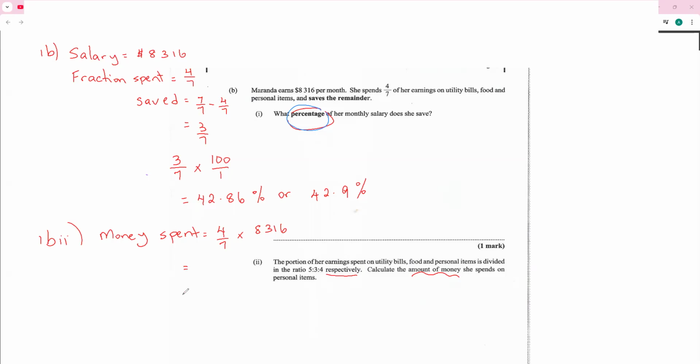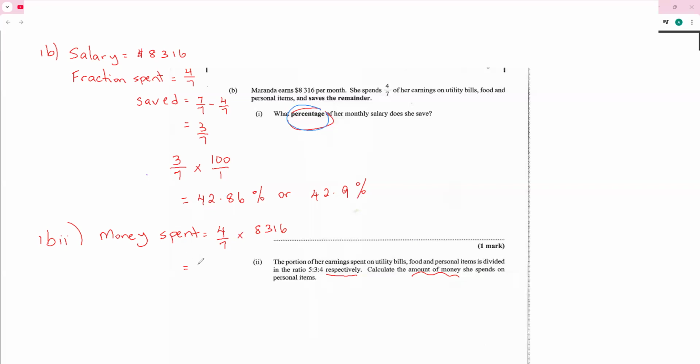So to find out how much money she actually spent, I'm using my calculator, and you can too. Paper 2, you could use a calculator. So I'm going to use 4 divided by 7 equals, and then multiply by the 8,316.